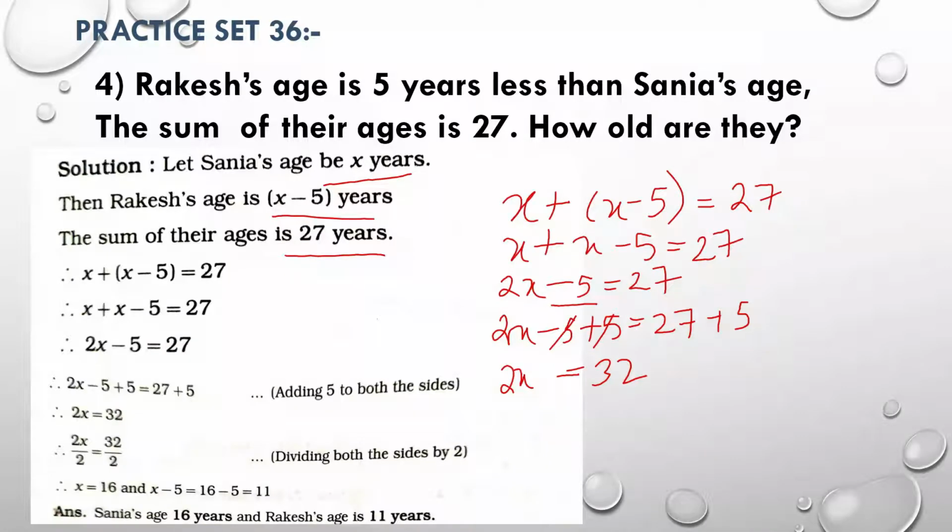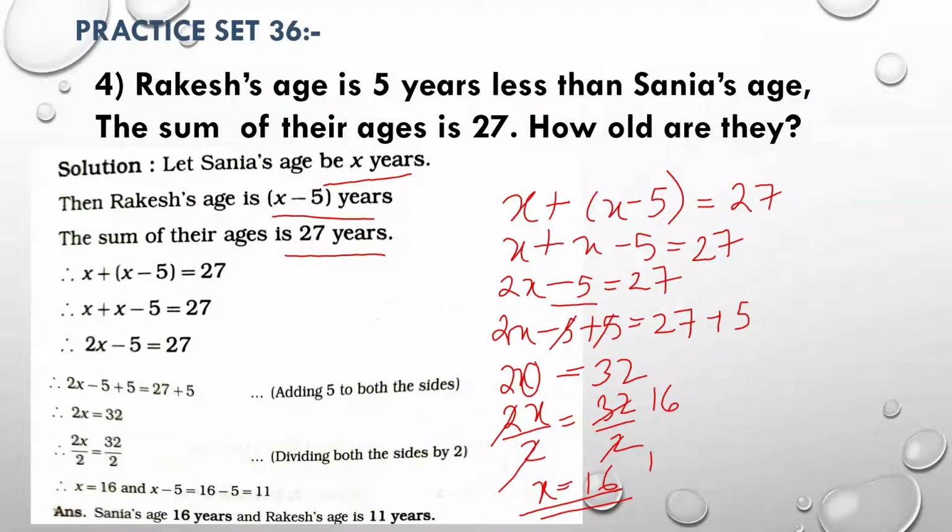Now we have to find the value of x. So you have to remove this 2. So 2x upon 2, you have to divide both the sides by 2. So here 2 and 2 will get cancelled. Here x is equal to what? 2 1s are 2, 2 16s are 32. So x is equal to 16.